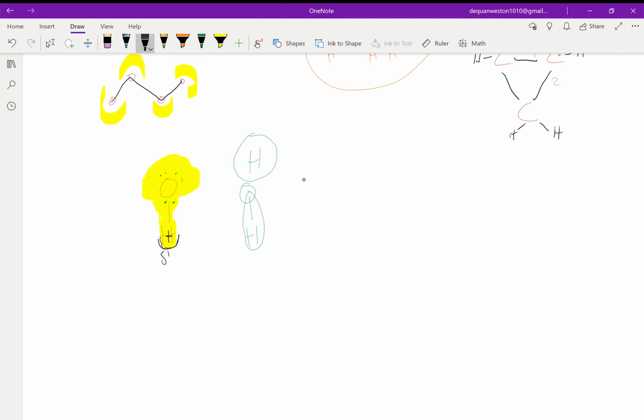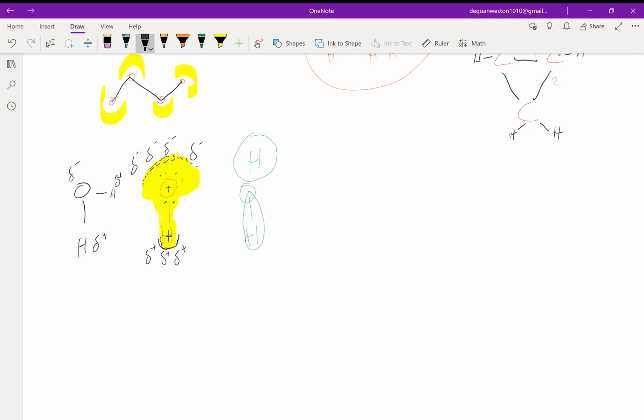So you're going to get a partial positive. And with this electron density up here, these electrons are a lot further. So those protons aren't going to neutralize the electrons as much. So you're going to get a partial negative. And that's the explanation on why you get these partial charges.